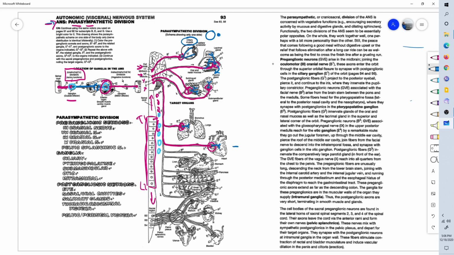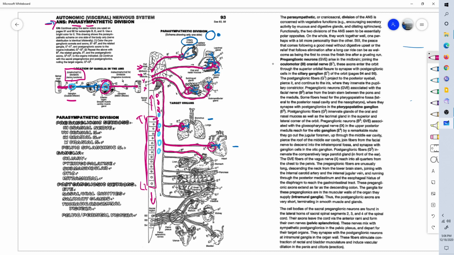It says slow down. Lungs, slow your breathing. Heart, slow down. There's no emergency here. It's time to rest, and it's time to digest your food. Slow the heart rate down. A nice, relaxing parasympathetic nervous system.